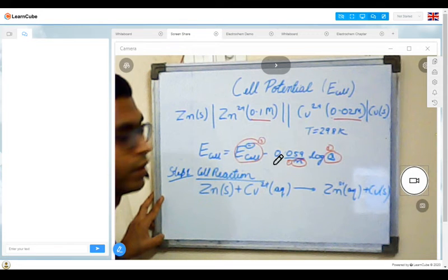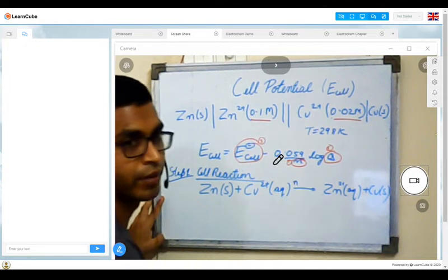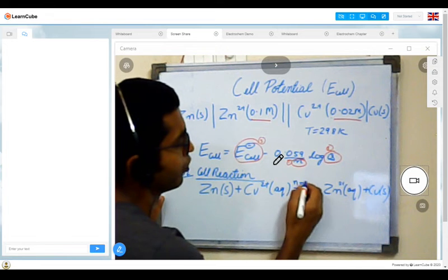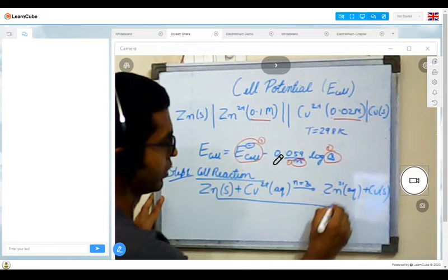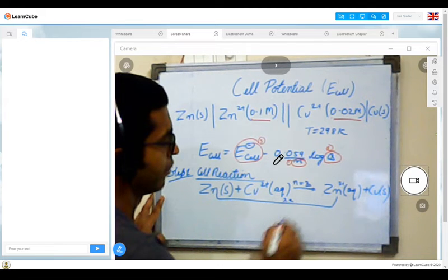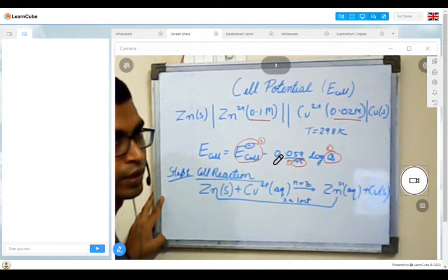In this, n, the number of electrons exchanged, is 2. Why? 2 moles of electrons are being exchanged, 2 electrons are being lost. So n is 2.